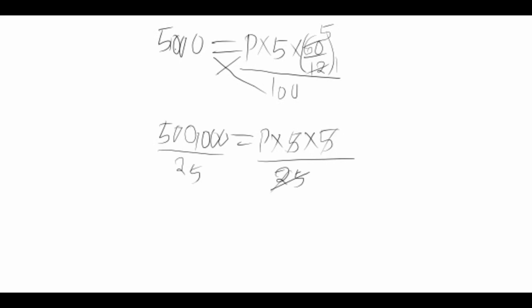So 25 and 25 cancel, and we remain with P. 500,000 divided by 25 is 20,000.